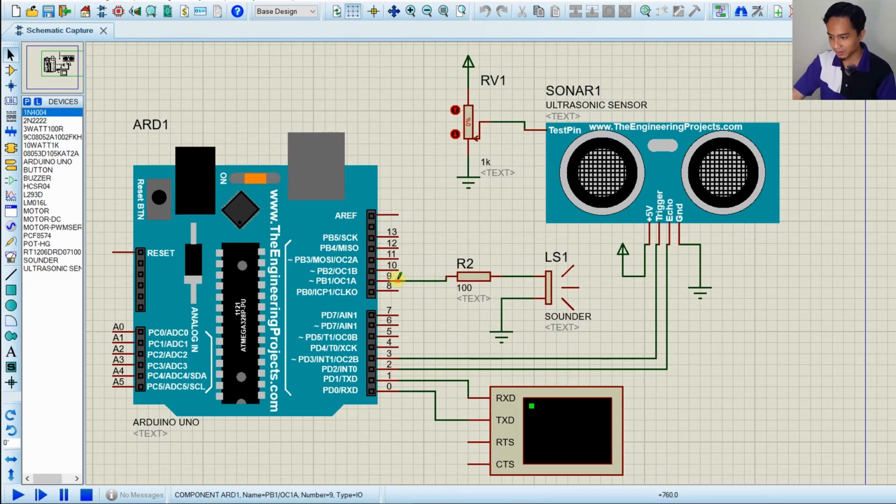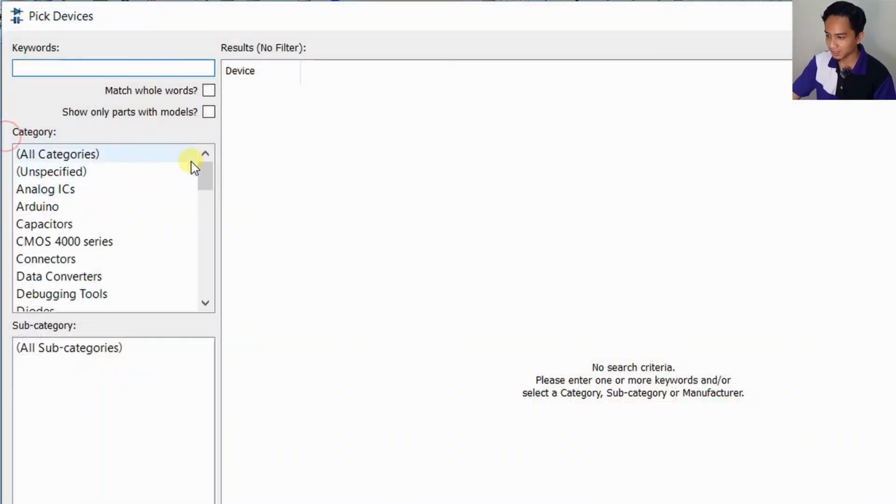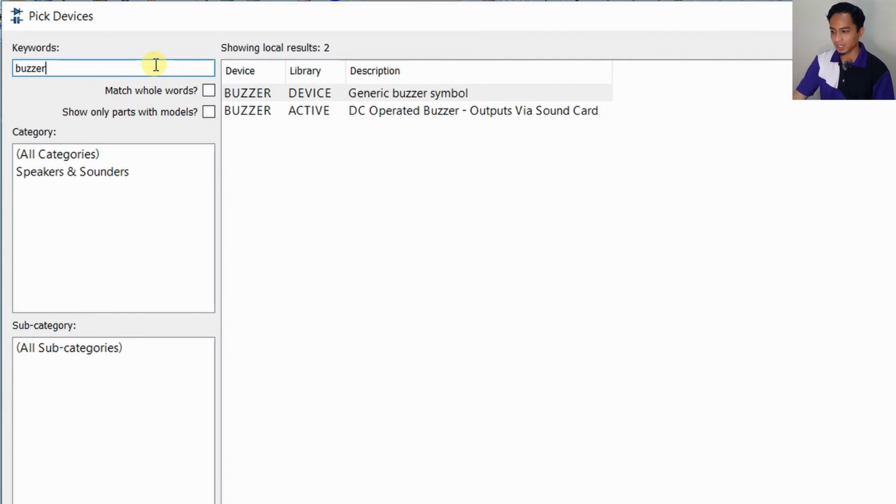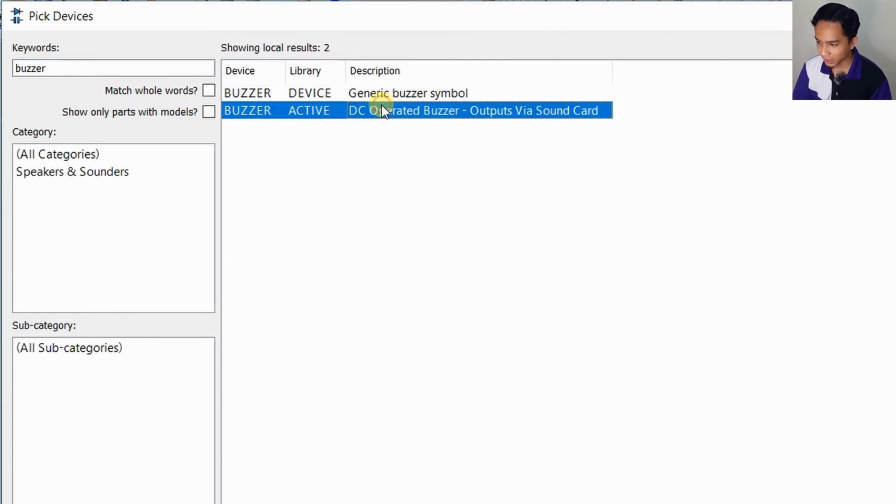And what you need to do is basically you can just connect like this for the buzzer. So at pin 9, 100 ohm resistor, and instead of choosing buzzer, so you have the buzzer in the Proteus, but don't choose this one here. You can choose this one here actually, because it can output in the sound card, the computer sound card, so you can hear it in the speaker of your computer.